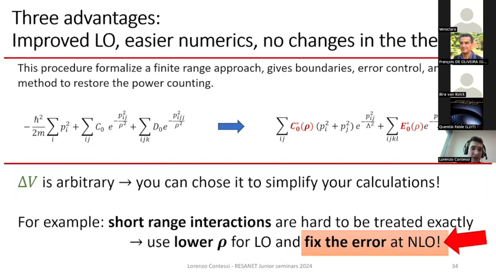The improved leading order will work better, we hope, because we hope that it will stabilize the theory. And since this interaction is of larger range, at least at leading order, this means that you can solve the Schrödinger equation much more easily, meaning that the many-body method will work better and will be less expensive. And this means that you can do larger calculations with larger nuclei. And then the next leading order, of course, will still be a contact theory. So the next leading order still has this cutoff that you have to push to infinity.